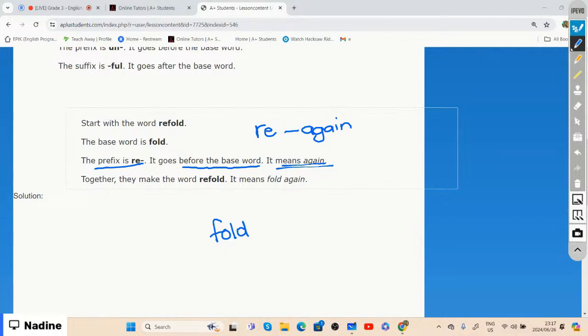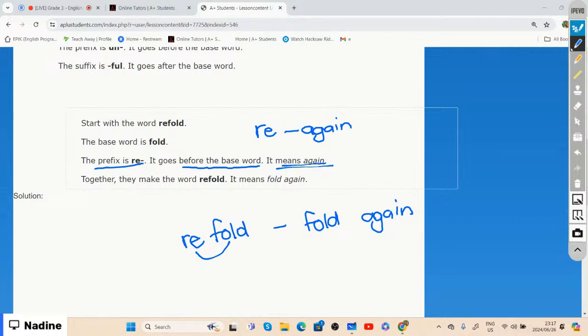If we were to fold the clothes again, we can say we are going to refold it. So now we add the prefix re in front of the word fold, and then it means that I'm going to fold it again. So to refold something means that you're going to do it again.